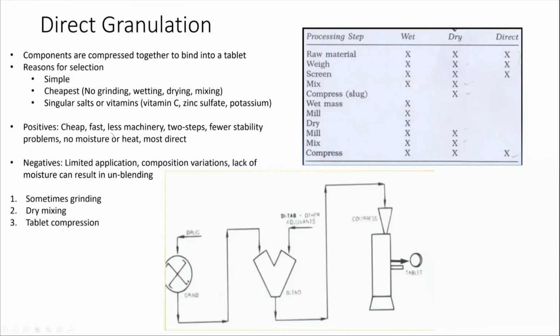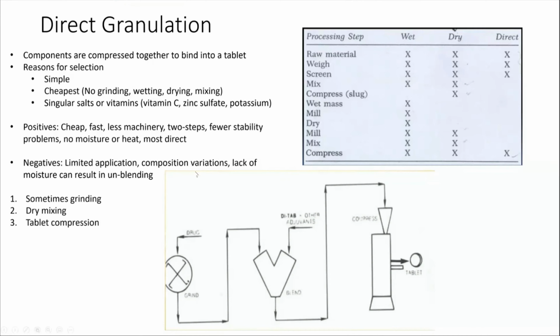So the positives, it's cheap, it's fast, not much machinery, it's only 2 steps, and there's no moisture or heat involved in that process. And the negatives, though, it's limited, right?